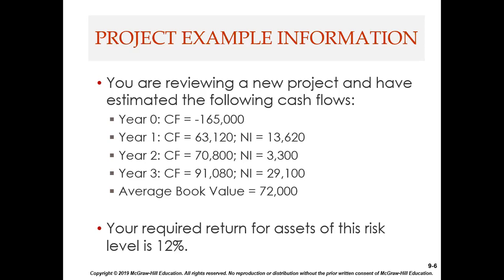Your second year, 70,800. And the third year, 91,080. The average book value of the project is 72,000, and they give you the net income, it looks like. You're requiring a return for assets of this risk level, 12%.